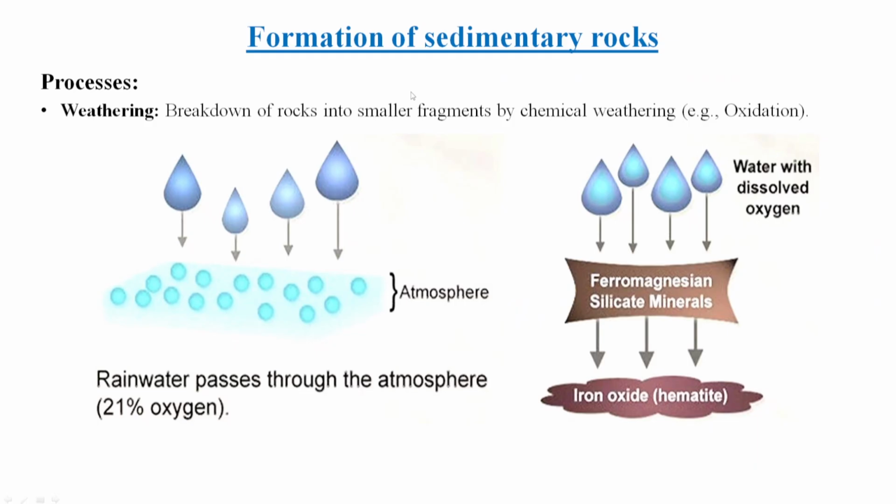But chemical weathering mainly takes place under the action of water. So what happens if some rain is going on?